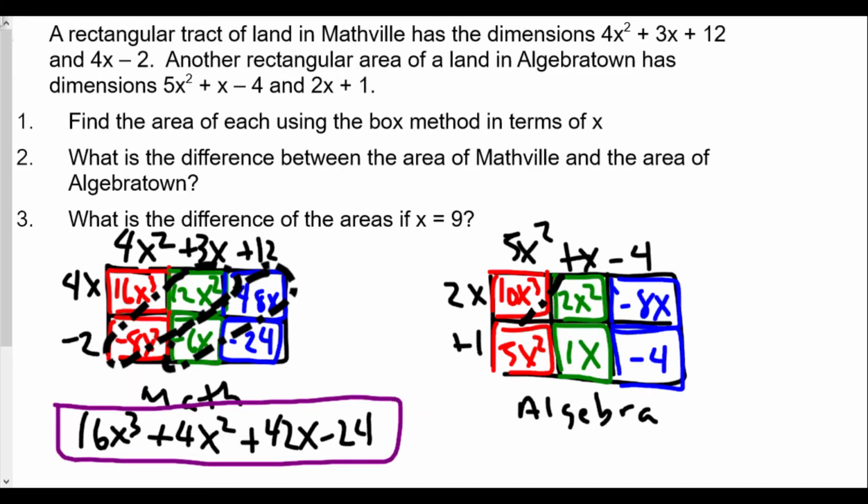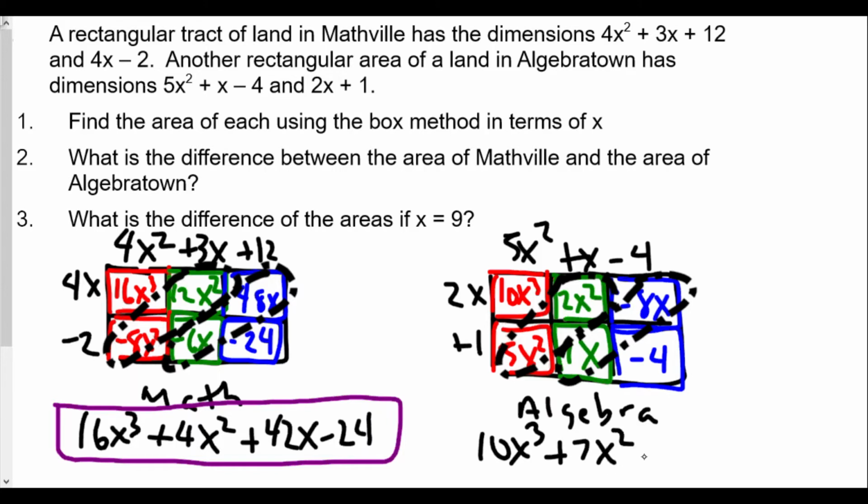Again, we're going to circle these because they'll tell us what our like terms are. Not all the time, but most of the time we'll see that like terms will be diagonal. So we have this 10x cubed. Now we see 2x squared plus 5x squared is plus 7x squared.